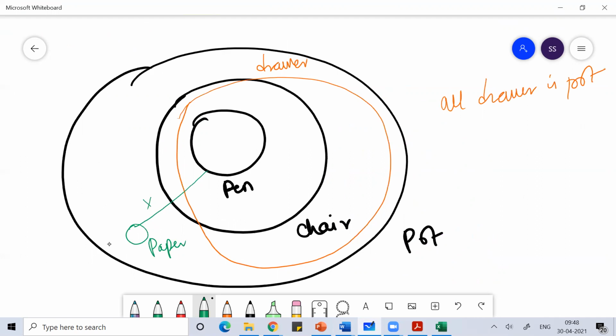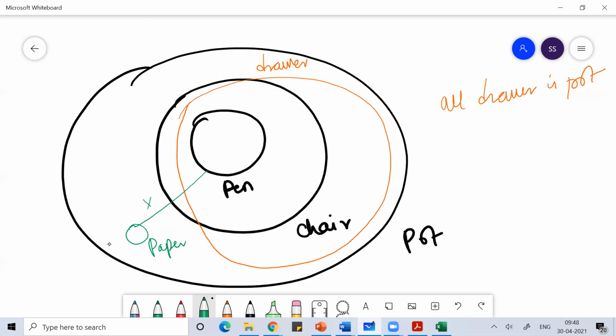If all drawers are pot, then some drawers are not pot is false. While if I get this false, then some drawers are not pot would be true. I hope you're understanding.